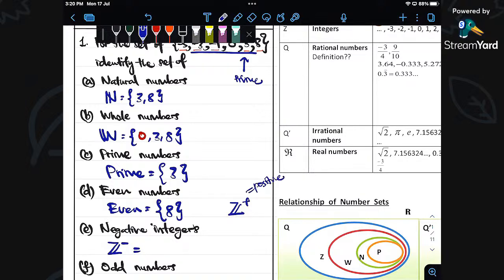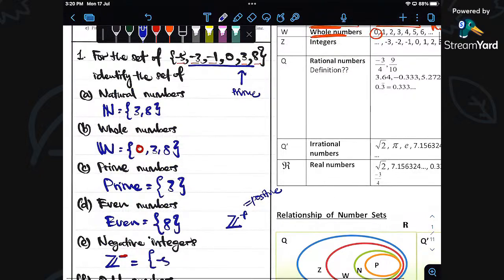But soalan ini tidak minta positive integers. Soalan ini minta negative integers, so we put a negative here. And so negative integers are just -5, -3, and -1. Tutup kurungan.